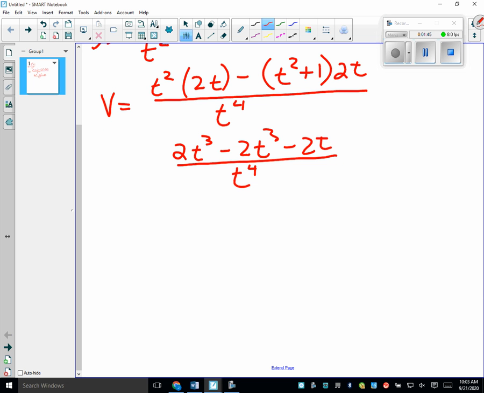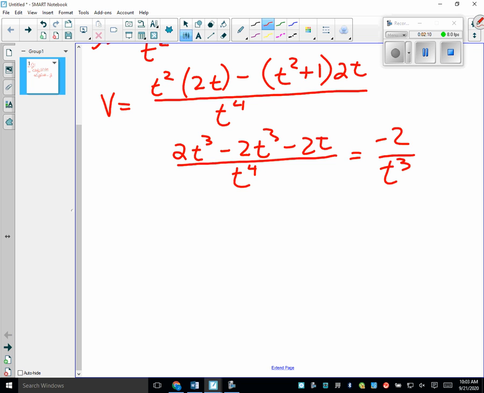Okay, 10. Isn't it at rest when velocity is 0? So when I simplified this, I got this, right?